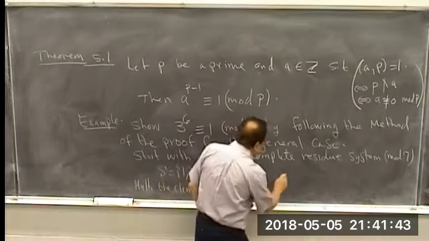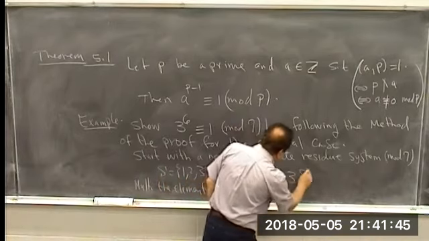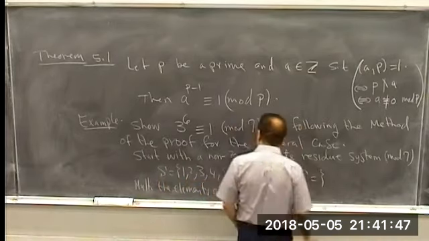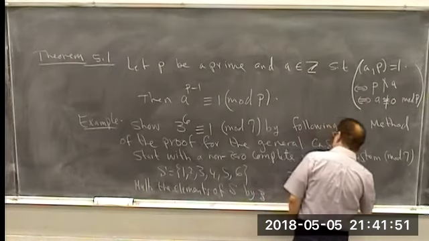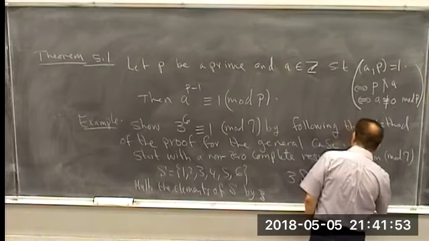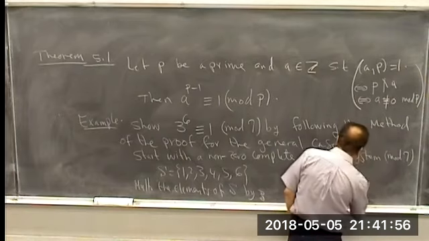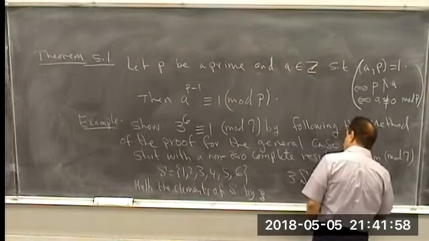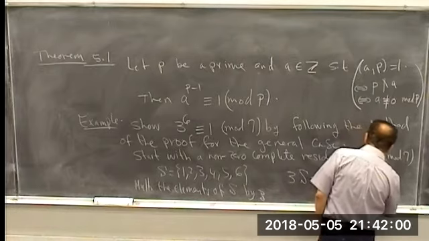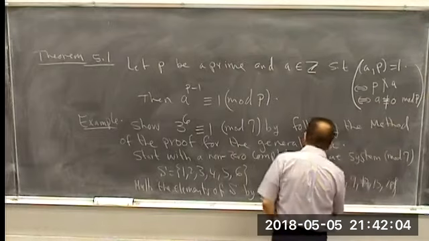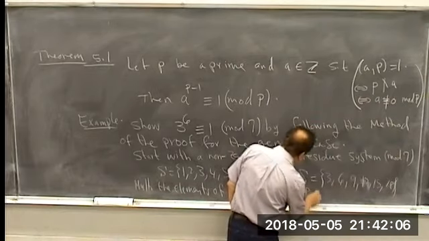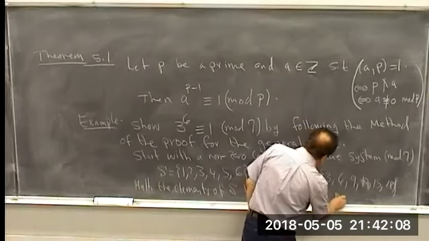So what we get, what we call 3S, is going to be equal to 3, 6, 9, 12, 15, and 18. And then we're going to reduce this mod 7.